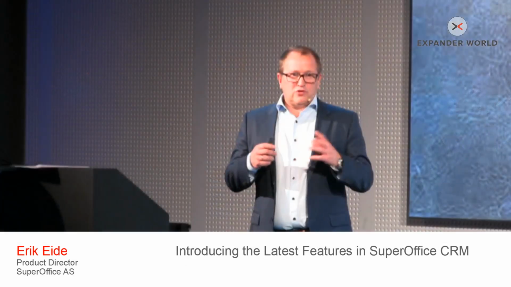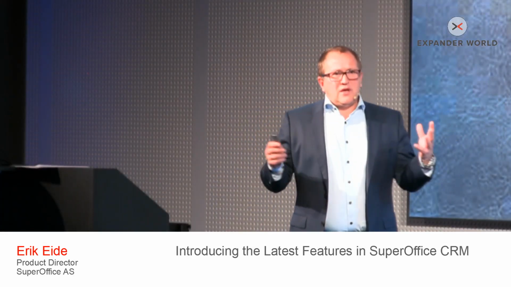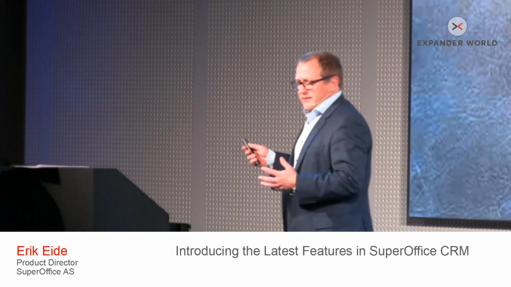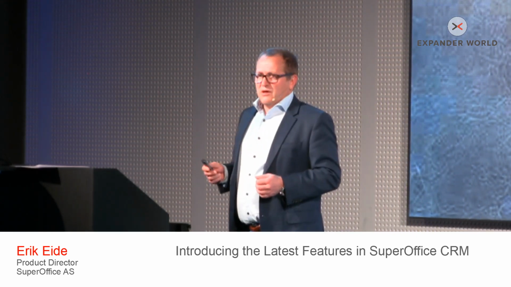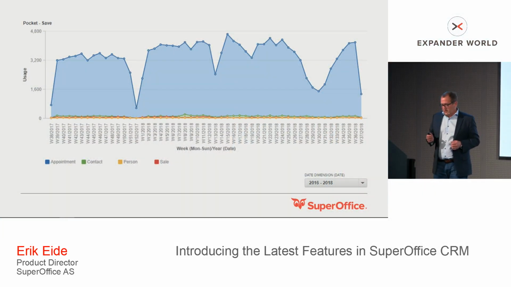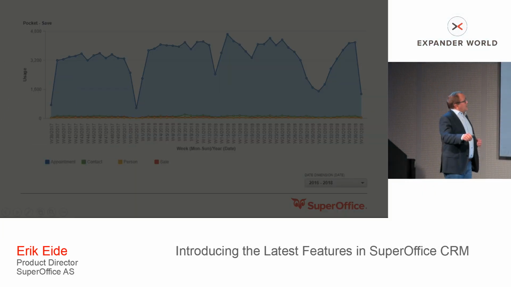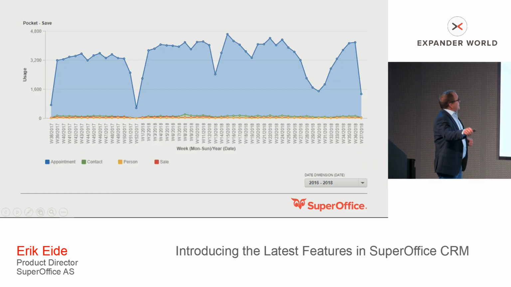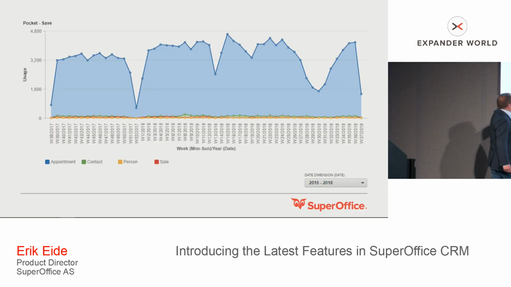To decide where to start, we said, Jesus, we have all these good user statistics. What do people use in Pocket? The blue line here is appointments edited and saved in Pocket.